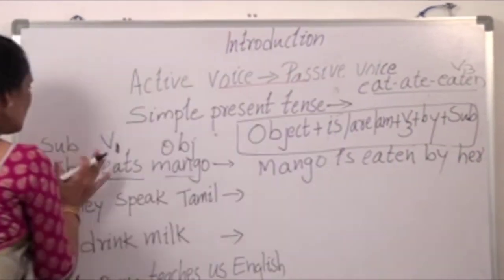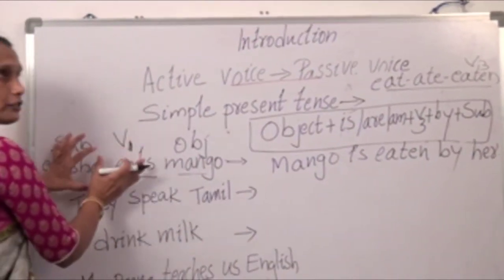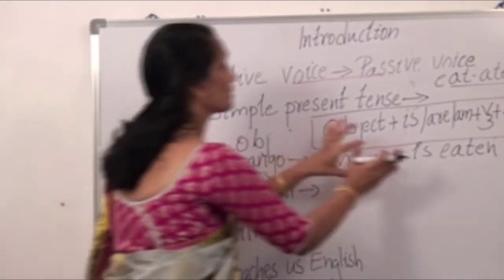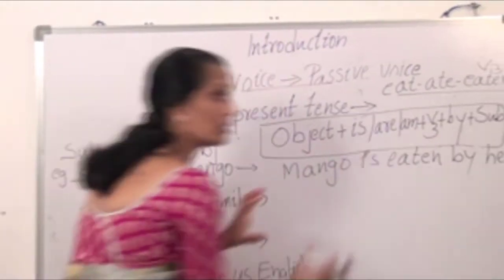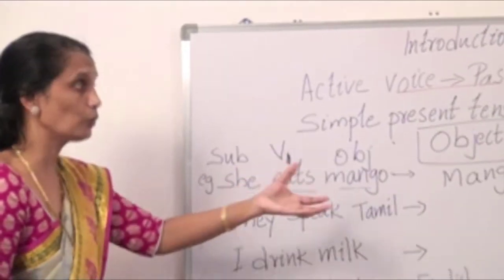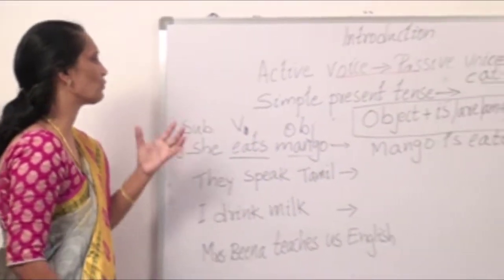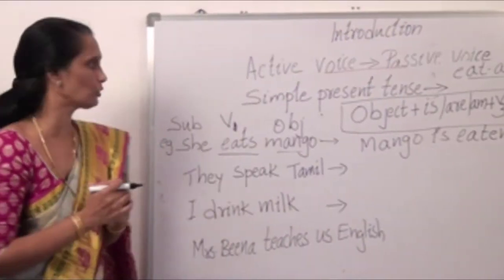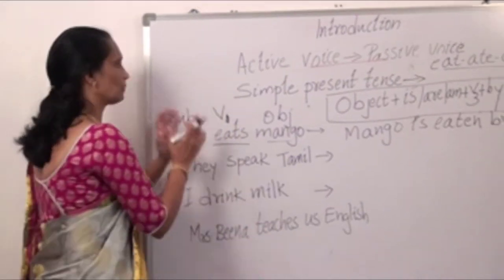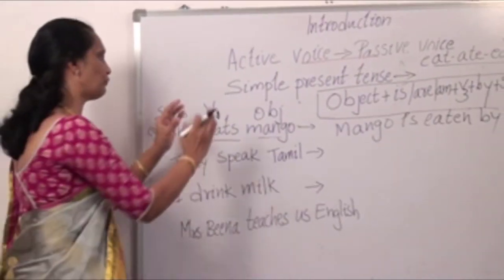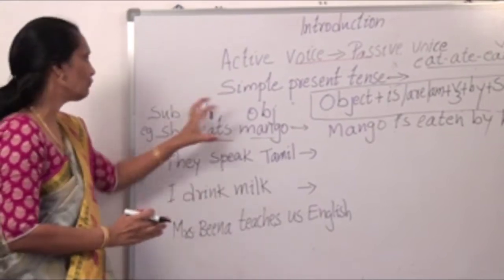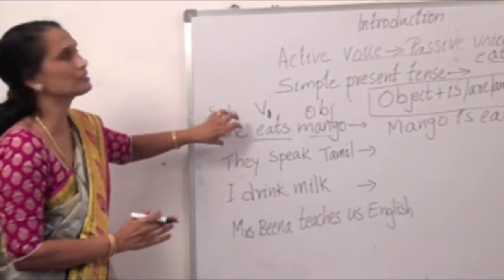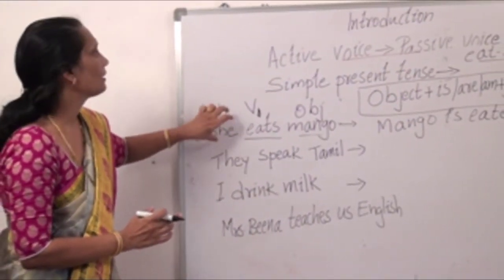So she eats mango is an active voice sentence and mango is eaten by her is a passive voice sentence. Many people get confused about what is active voice and what is passive voice. The person who is responsible for doing the action, if he or she is at the beginning of the sentence, we call it active voice.